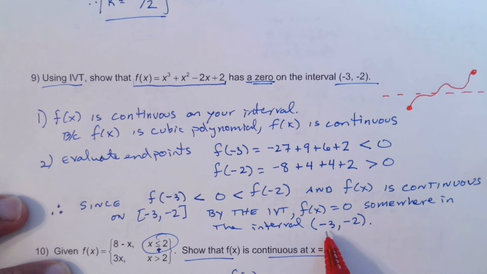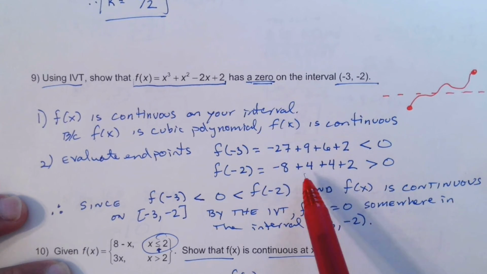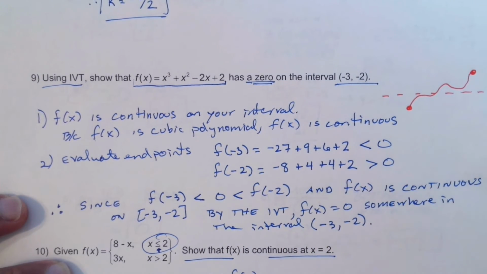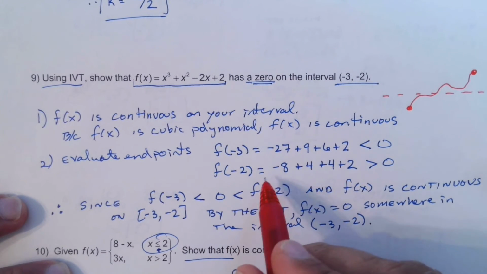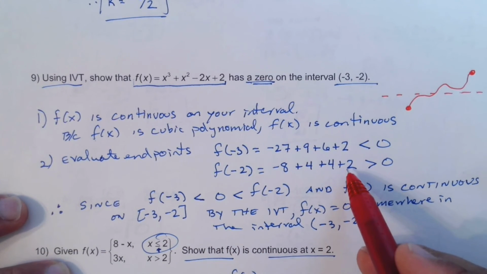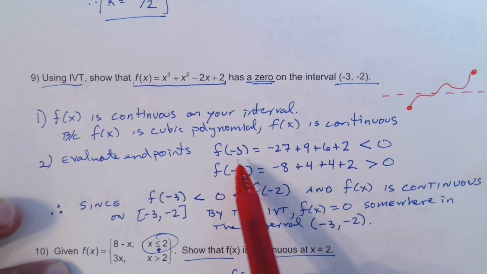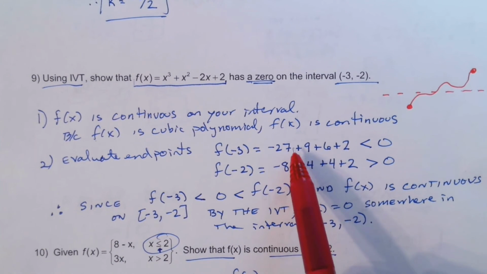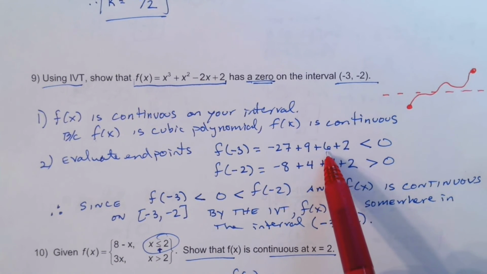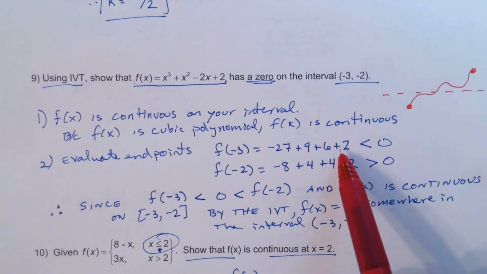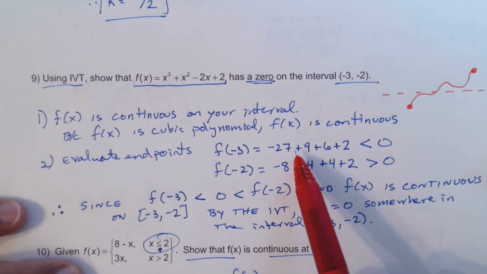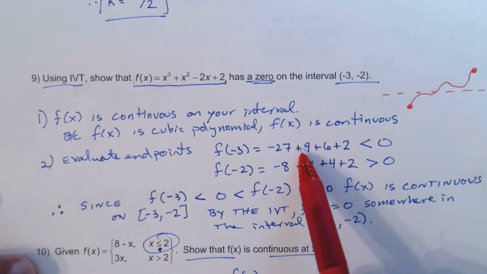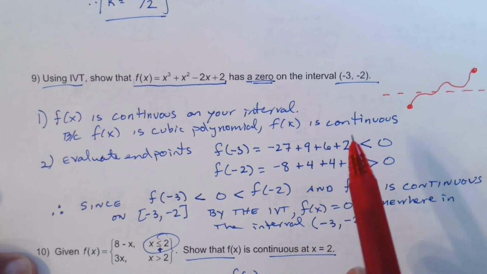And really, if I knew that f of negative 2 was actually equal to 2, and f of negative 3 was actually equal to, let's see here, 9 and 6 is 15 and 2 is 17, so f of negative 3 is actually equal to negative 10.